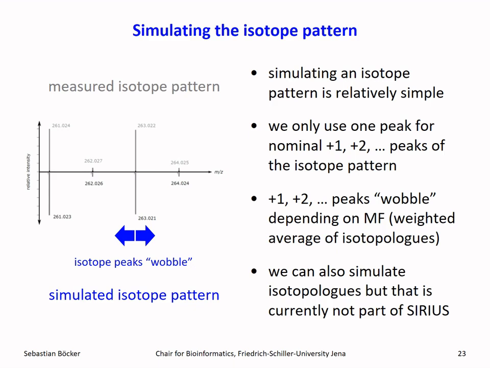What both of us wanted was that we also have the isotope peaks wobbling a little bit to the left and the right, because that's what you actually observe. And we use, and Rockwood used, the weighted average of the isotopologues that belong to this +1, or in this case +2 peaks, as the mass. And that's pretty simple if you have finally completely understood it. Took us a little bit of time.